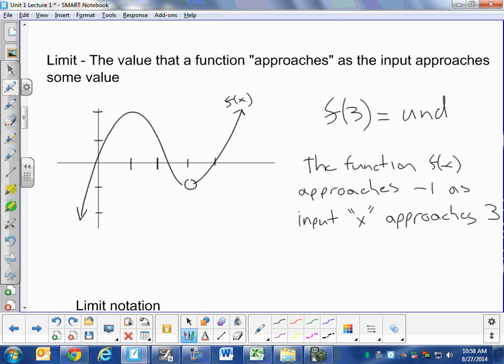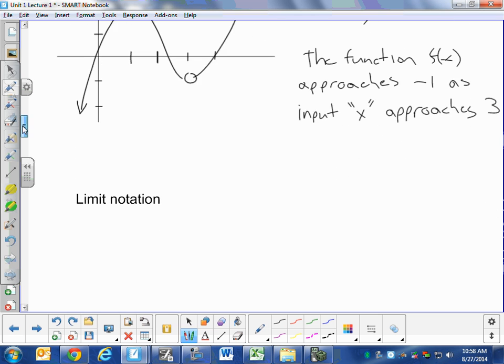Okay, so it's just kind of like, where is the location of this missing piece? As I approach 3 on my inputs, my function values move down and they approach this value here at -1. I can go from the right as well. As I approach 3, my function is approaching -1.